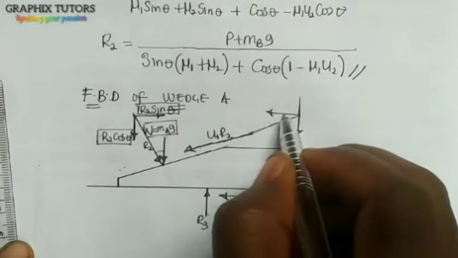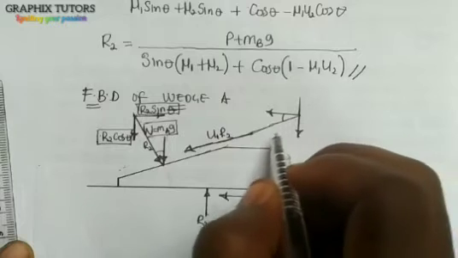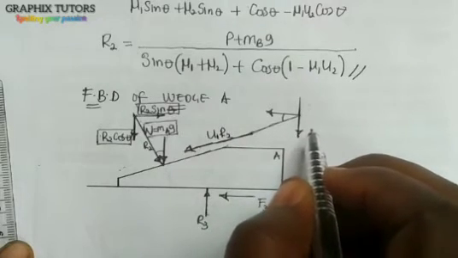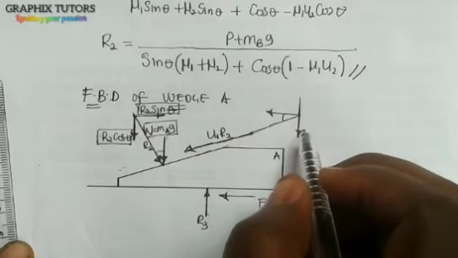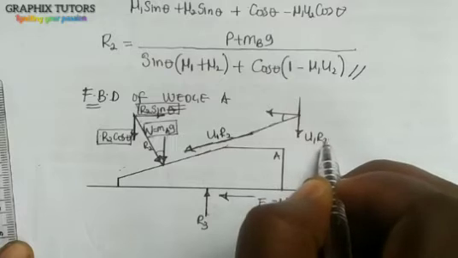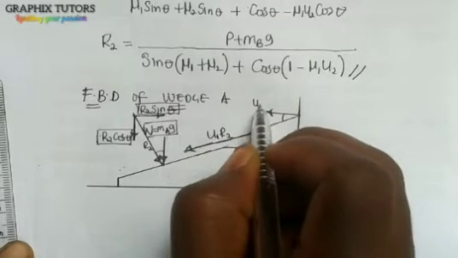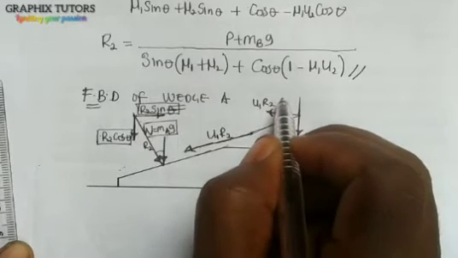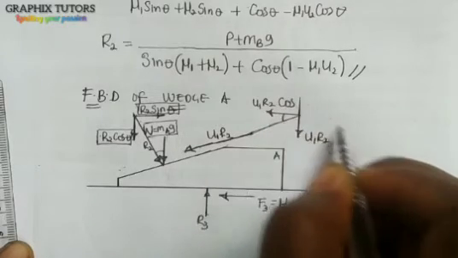So what you notice, it is inclined to the horizontal. Can you see that? So whatever we have, this will be mu1 r2, here also mu1 r2. So since it's inclined to the horizontal, this will be cos, and this will be what?